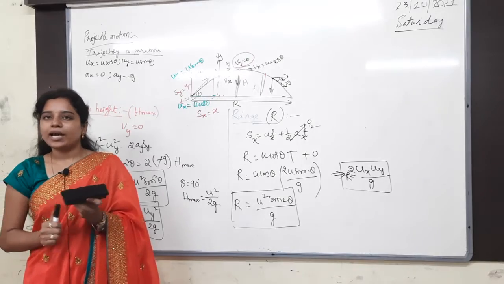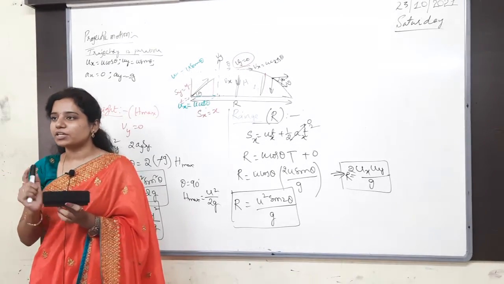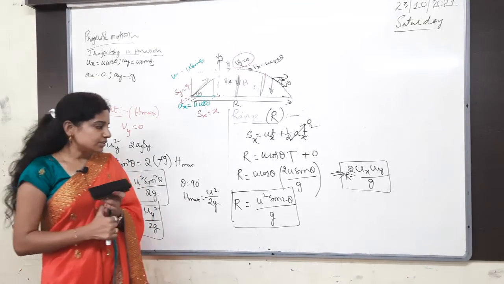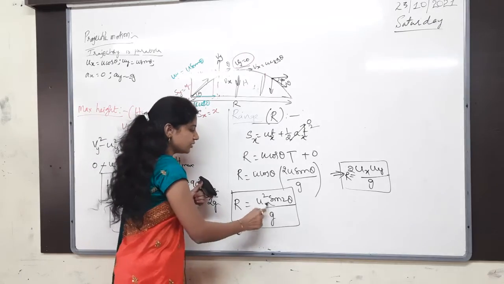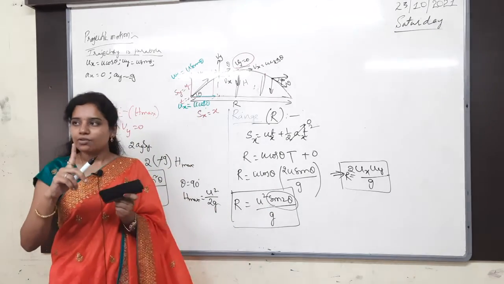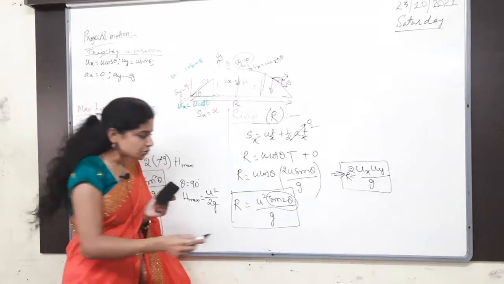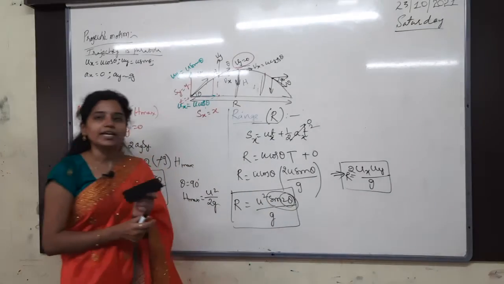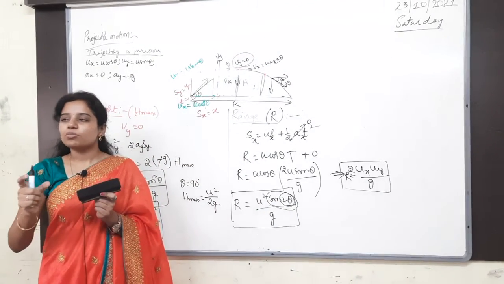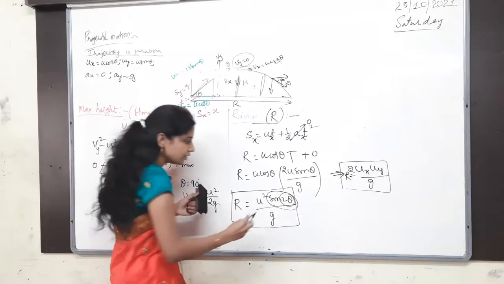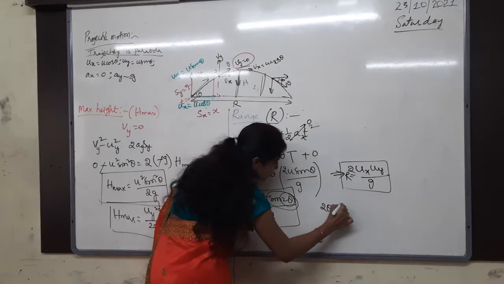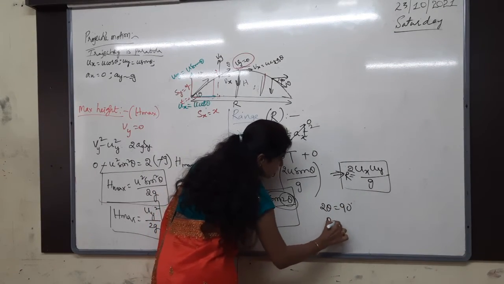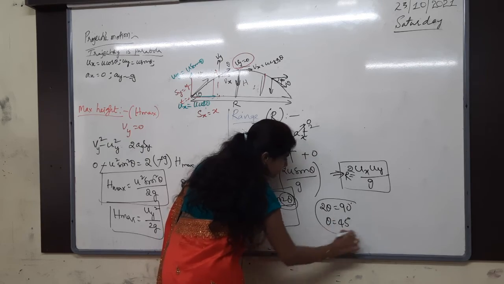Now tell me, at what angle will the range be maximum? Very important. Sin 2θ should become 1. I want to make it 1, so the total angle should be 90, since sin 90 is 1. So 2θ should be 90, which means θ is 45 degrees, obviously.